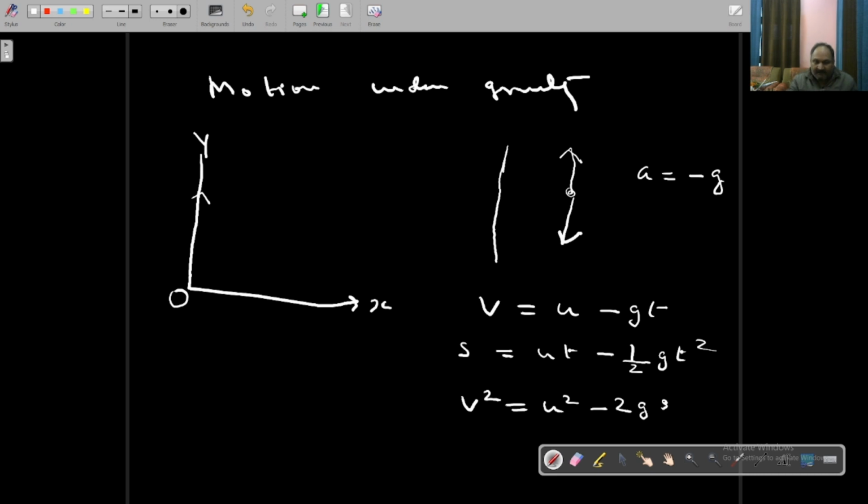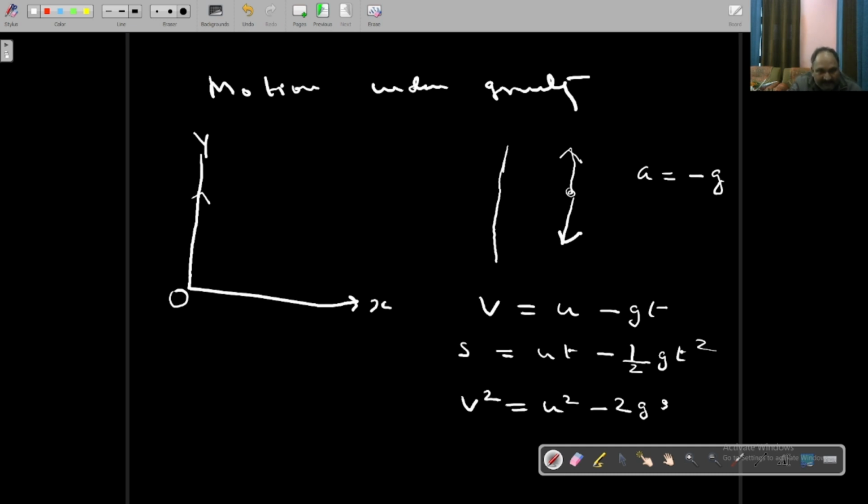Okay, initially we derived the motion in a straight line. We considered the direction of motion of the particle in the positive x direction, and the acceleration is also acting in the positive x direction, that is a.